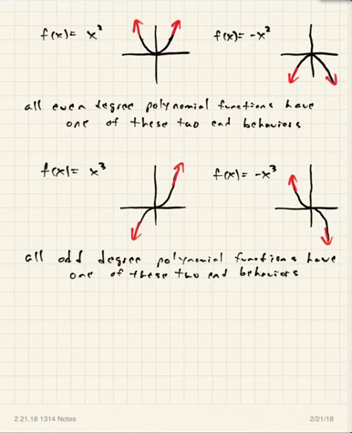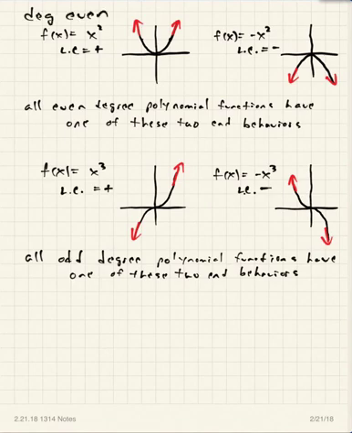On the left here, the leading coefficient is positive, and over here the leading coefficient is negative. I use the letters LC for leading coefficient. So here the leading coefficient is positive, and here the leading coefficient is negative. If you take these two things and put them together, so here the degree is even, and here the degree is odd, you can put those two things together, the degree of the function and what the leading coefficient is, and you can decide what the end behavior is for that graph.